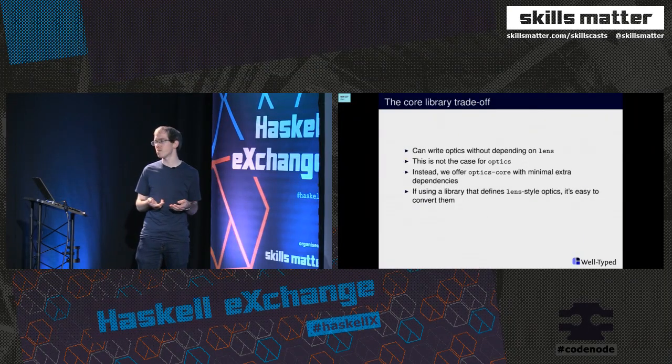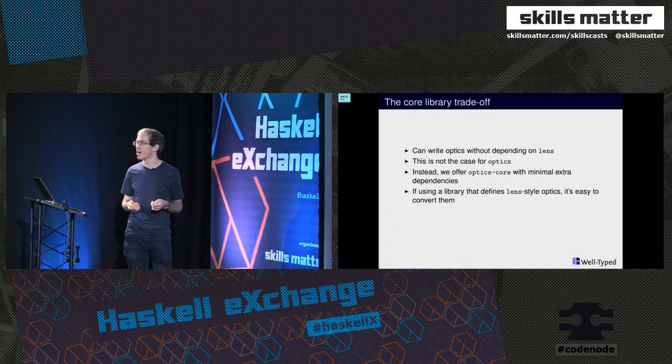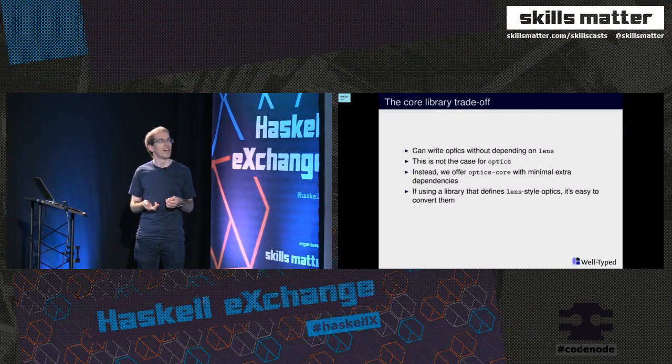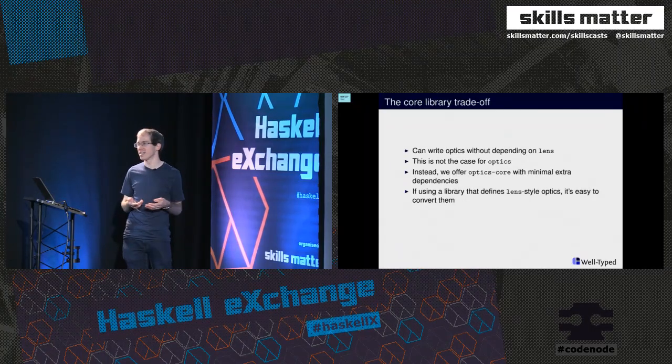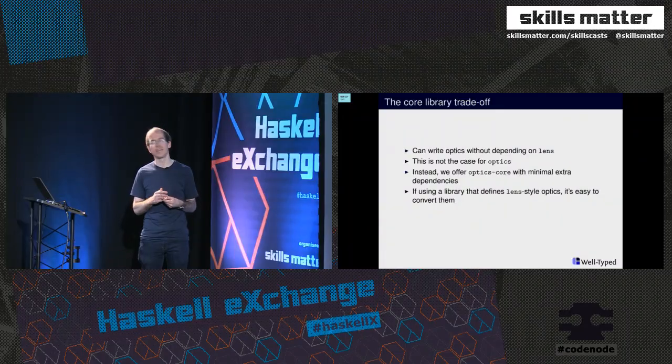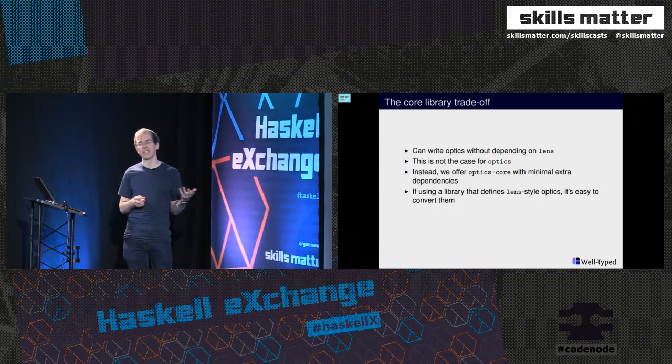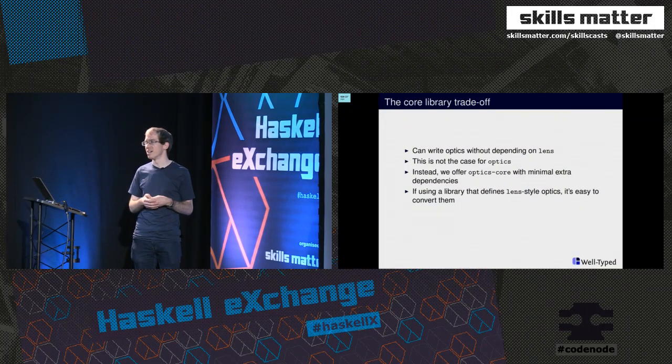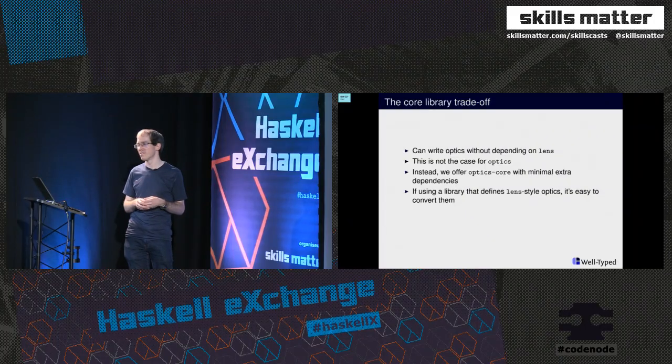And so instead we're taking what might be seen as the more traditional approach of defining an optics core package which has a minimal dependency footprint and simply gives you access to the basic functionality. So that if you want to make optics available using this technique, you can do so, and we can provide access to conversion operations from optics defined using the lens library.